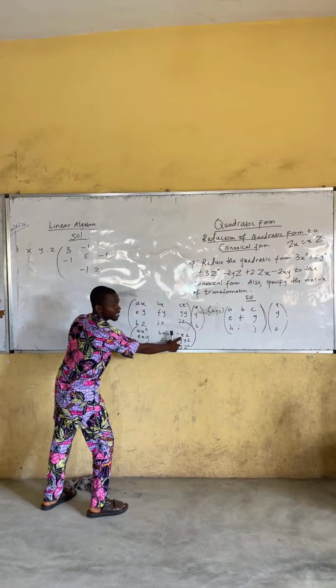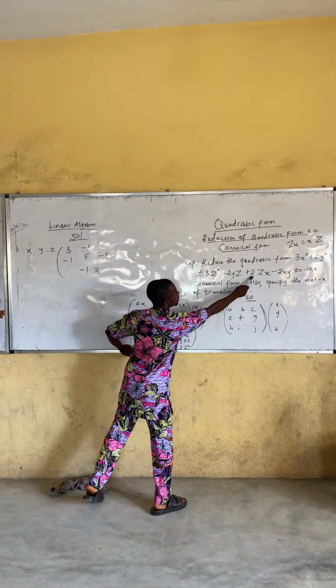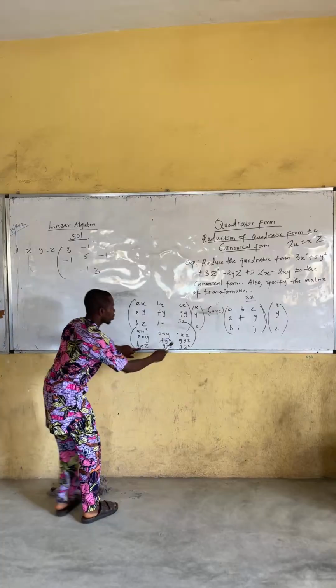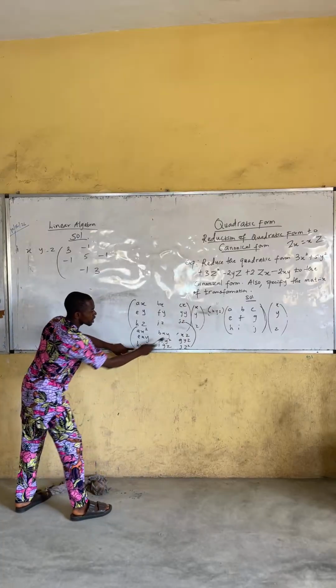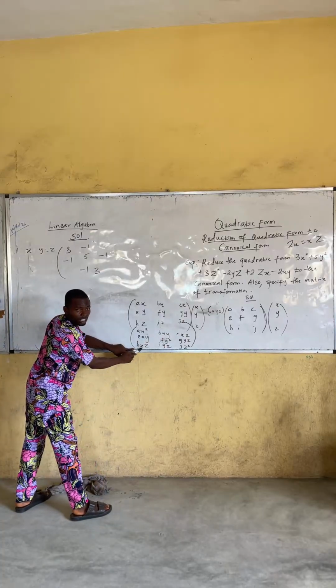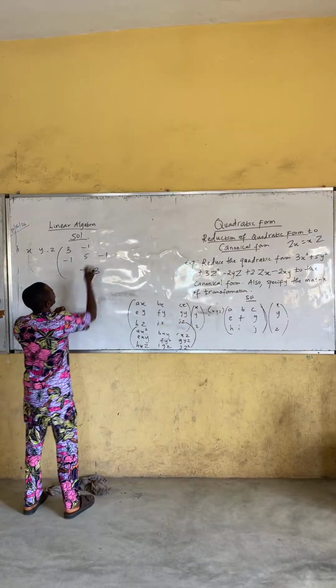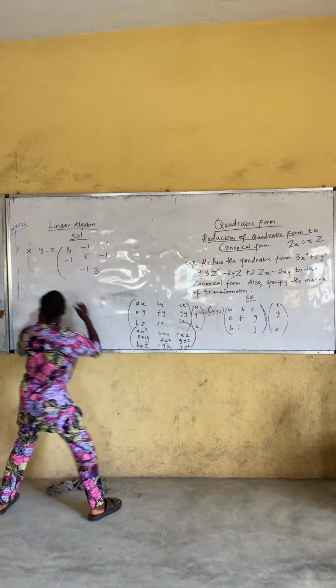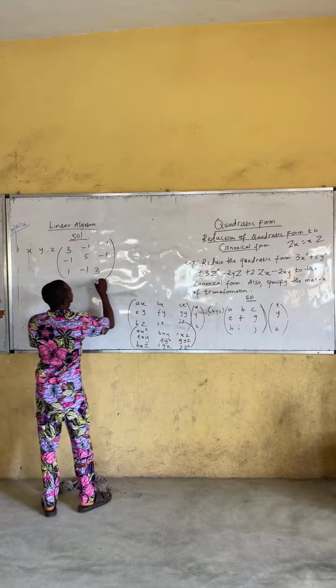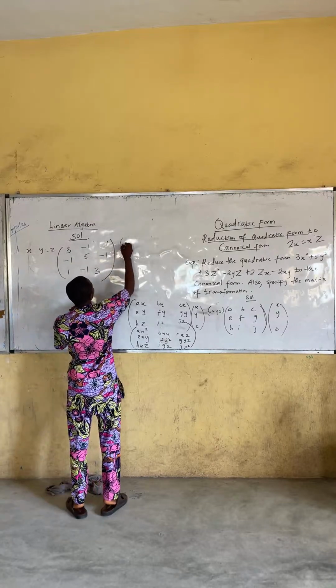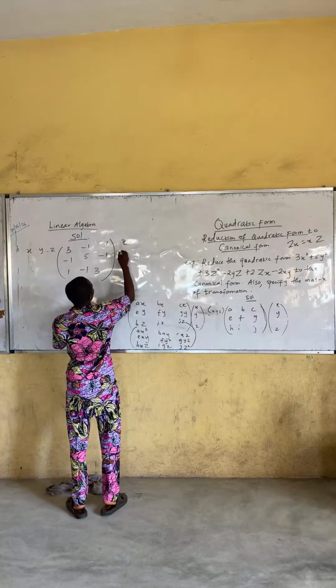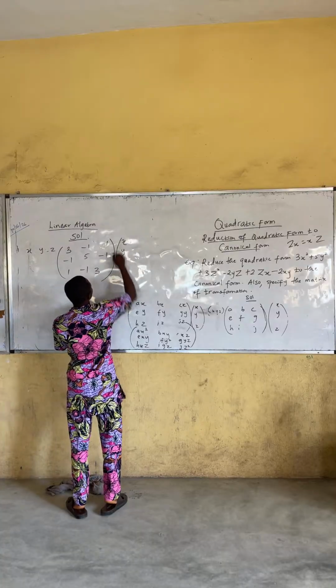Divide this plus 2 for XZ by 2. 1 will be here and 1 will be here. Then I close it. Then I will now write X, Y, and Z. That is my answer.